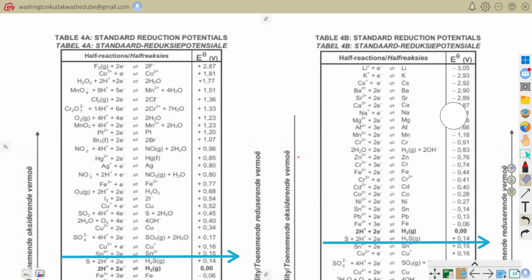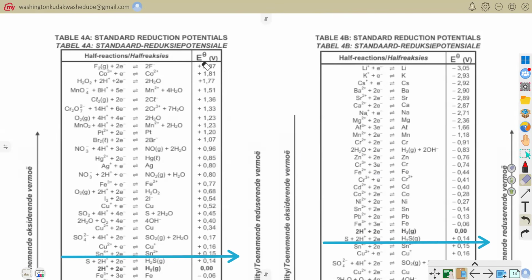I would advise that we stick to the one that we are used to. If you are used to 4B, use 4B. If you are used to 4A, use 4A. It is just the same. You only need to know which side we are increasing the oxidizing power and which side we are decreasing it, so that you can pick through the half reactions.